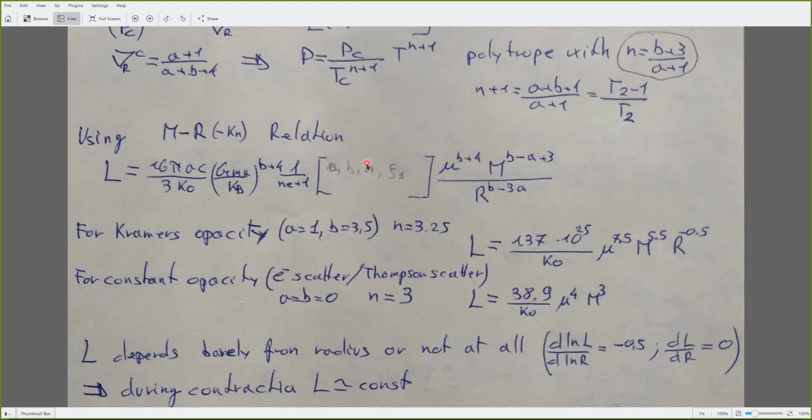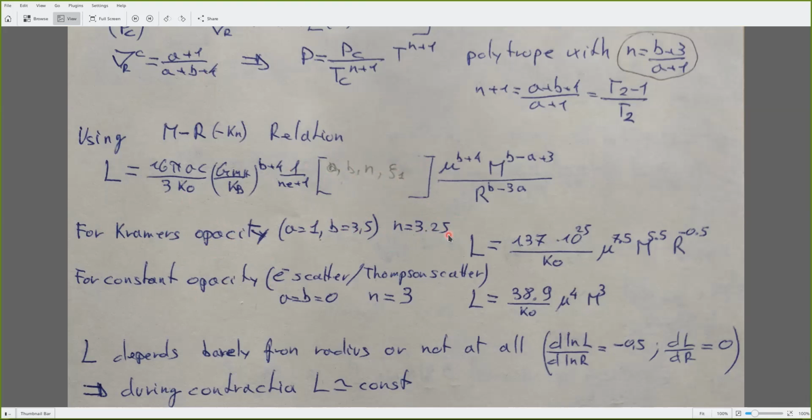opacity, the polytropic index, and the solution for the surface. What's important is just putting in Kramers opacity with the classical values of 1 and 3.5, which gives us a polytropic index of 3.25.